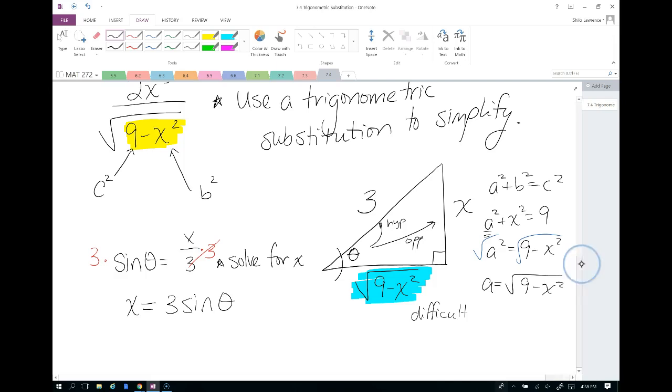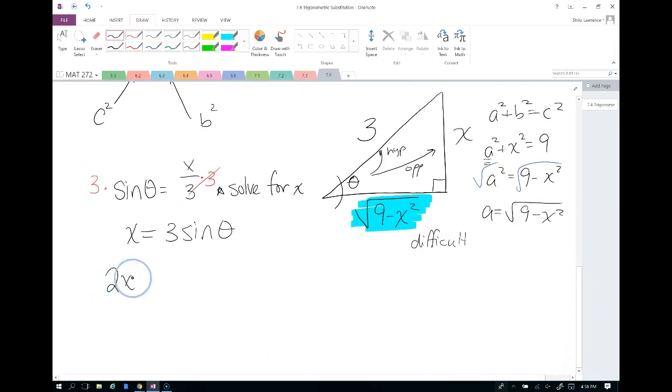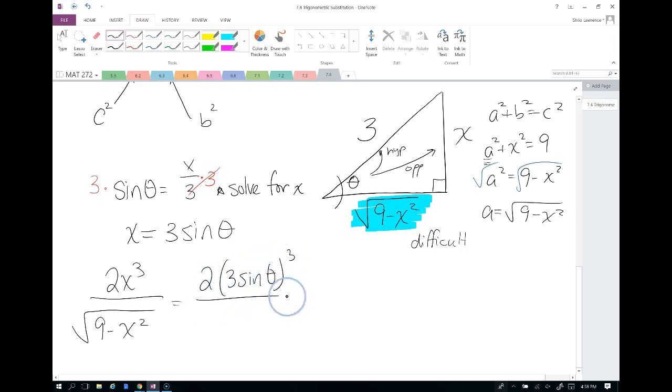So I'm going to go ahead and plug that in, and we'll see what happens. So instead of 2x cubed over the square root of 9 minus x squared, everywhere I have an x, I'm going to replace it with 3 sine theta. So I've got 2 times 3 sine theta cubed over the square root of 9 minus 3 sine theta squared.